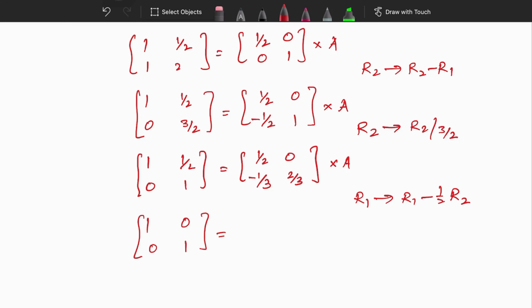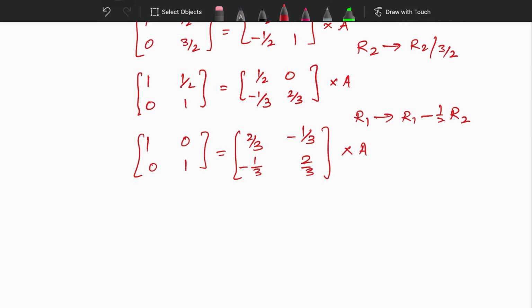So you are subtracting, which means you are adding: 1 over 2, you have to add 1 over 6 of that, so you will get 2 over 3, and here that's going to be negative 1 over 3. The second entry is 2 over 3 already, so we'll leave it as it is, times A.